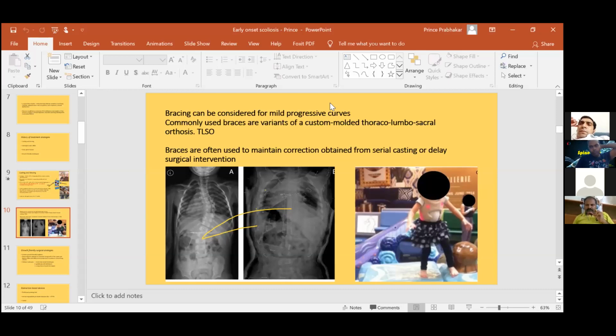And on the upper limit, like at 7 or 8 years, will you try? See, I think beyond 6 years, people usually present to us late also. So at that time, you may have to go a segment above and below extra. You can't do it with one segment. Suppose it's an 8-year-old child and the deformity has progressed significantly, you can't just do one above and below, because of the growth.